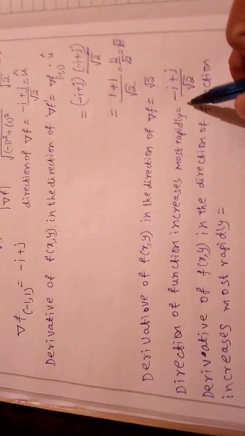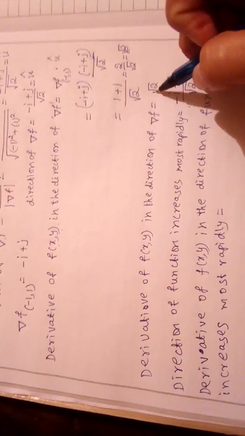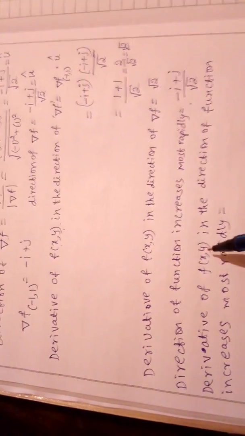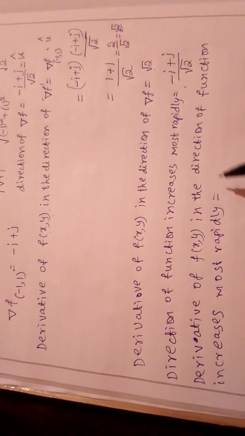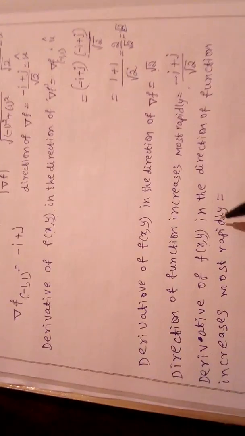In this direction, the derivative of the function is root 2, which we had already found. So the derivative of f in the direction of most rapid increase is equal to root 2.